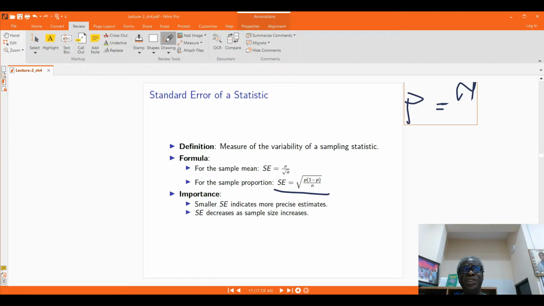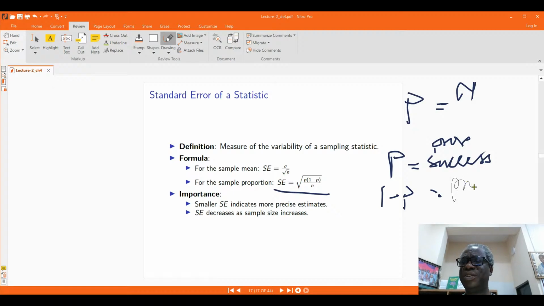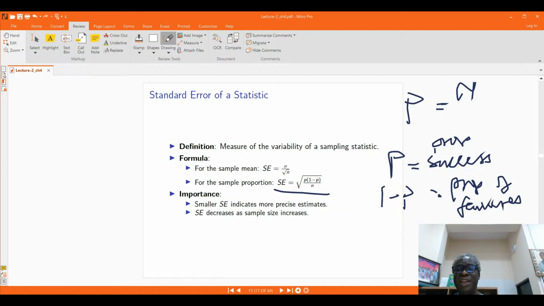So the standard error for proportion is the proportion of successes, p, times 1 minus p, which is the proportion of failures, and then the product divided by n.